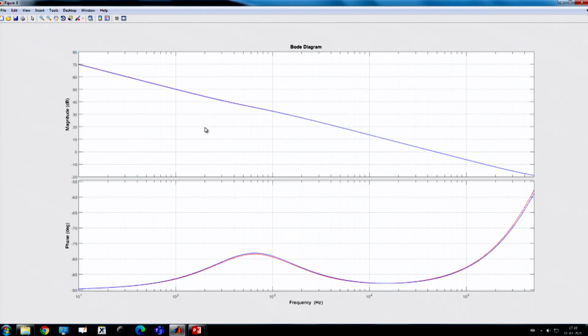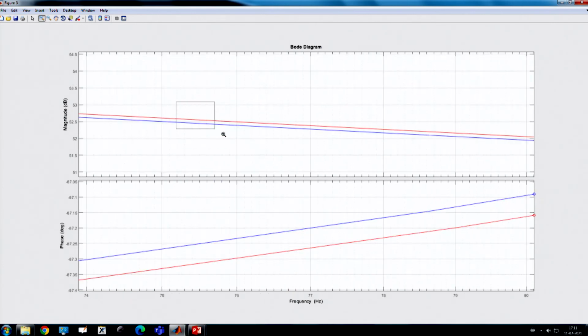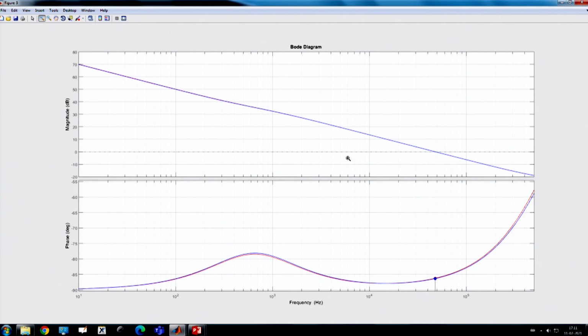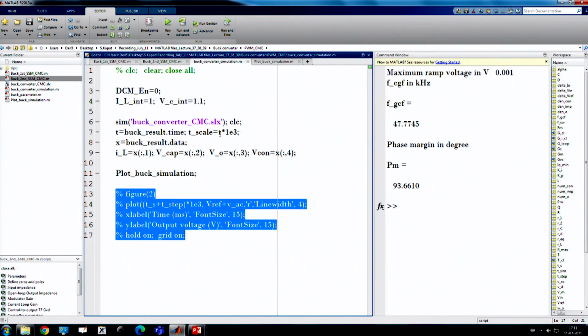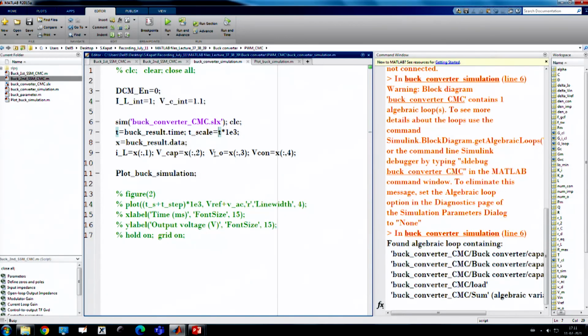And looking at the loop transfer function, what are the stability margins? The phase margin is 93.7 and the frequency is 47.8, almost one tenth of the switching frequency, and they are matching quite nicely because they are almost overlapping. If you go further down, they are almost overlapping. So, it is expected that their transient performance should also match. So, we will also run the transient performance and check.